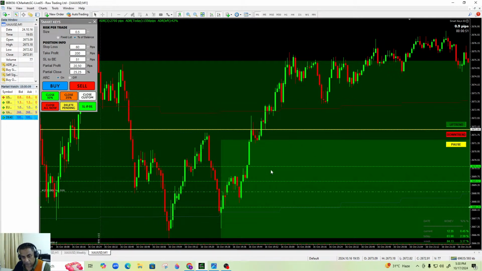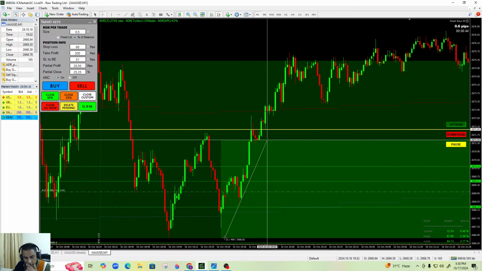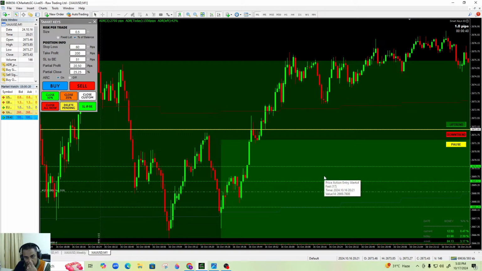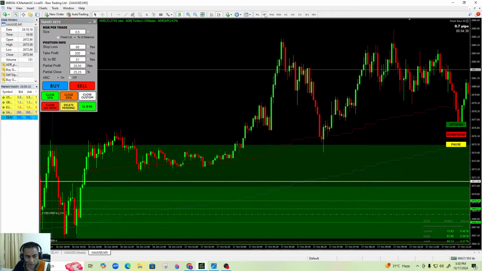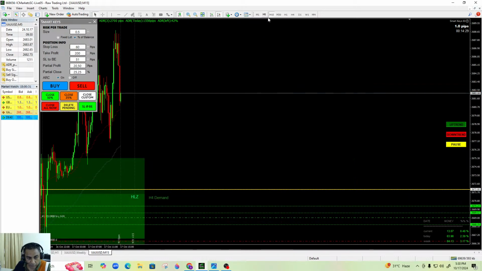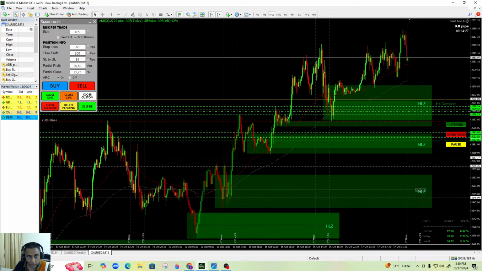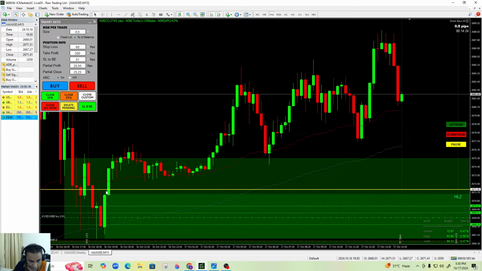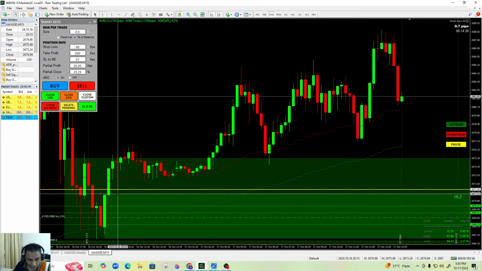So in that zone, which is about a 45, 46 pip zone, these are the areas that I'm interested in, and price might just come here as well, because that's the start of the candle. We might just tap into that and continue.